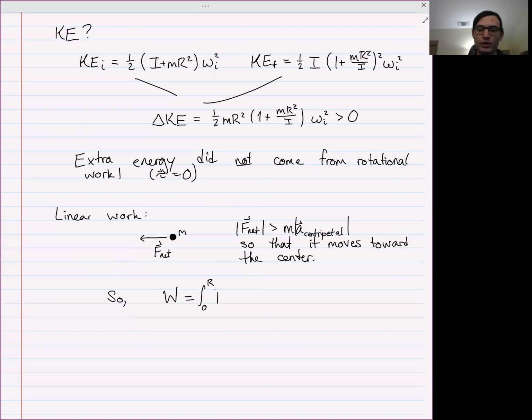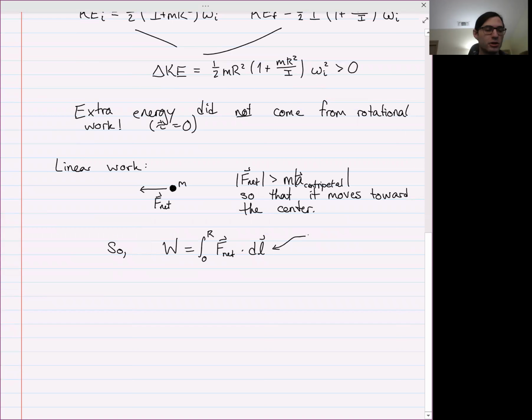So the work done would just be F net dot dl. Let's think about these forces. dl, the motion of the mass, points towards the center of the circle. The path that the mass takes is pointing towards the center.